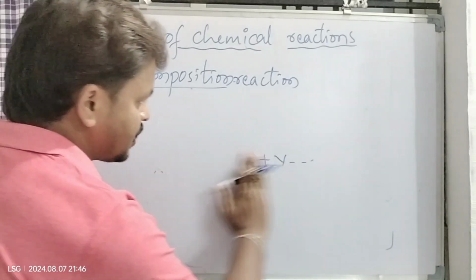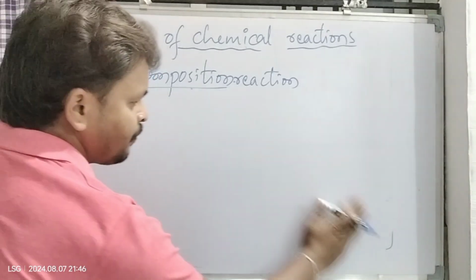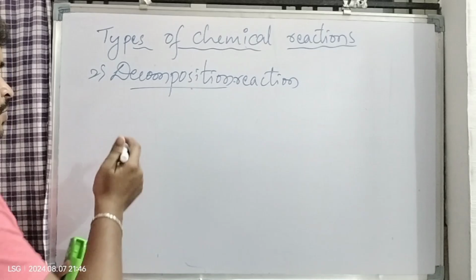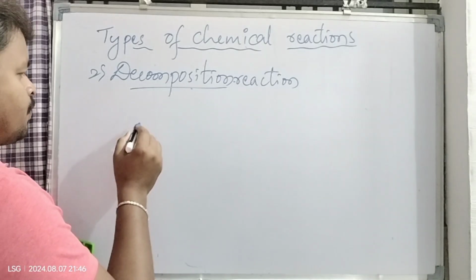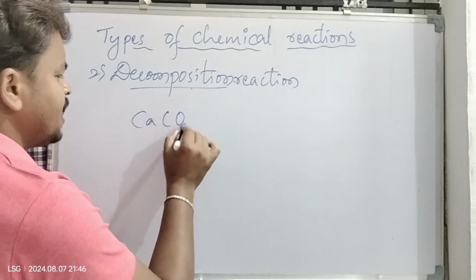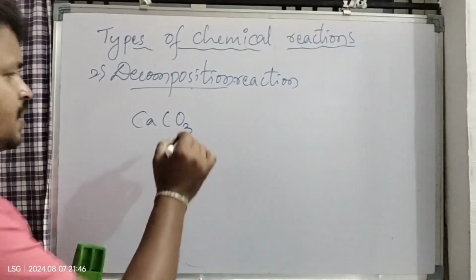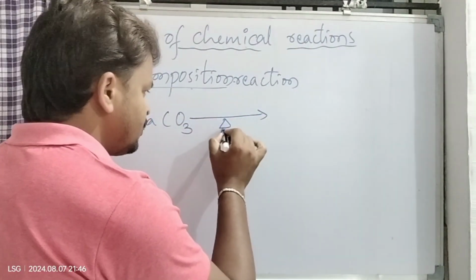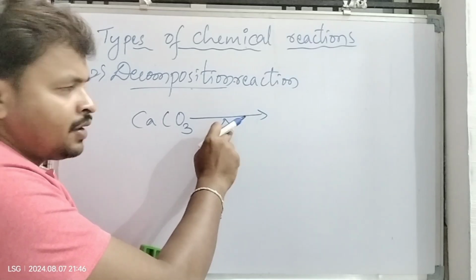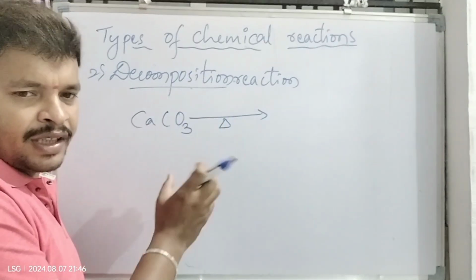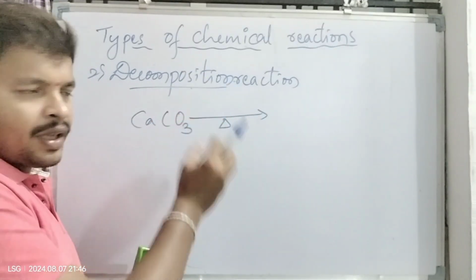Just for your sake, I will give one example. Calcium carbonate, as I said. When calcium carbonate is heated, this is the symbol of heating, meaning we are giving energy.